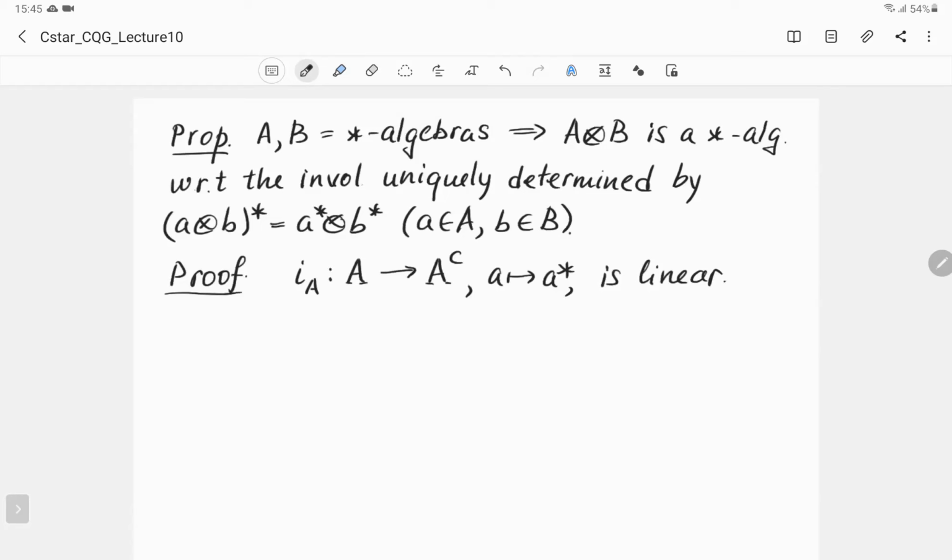Now, to define the involution of the tensor product, we take the tensor product of IA and IB. IA tensor IB will be a linear map to the tensor product of conjugate spaces. But we already know that this is canonically isomorphic to the complex conjugate of A tensor B.